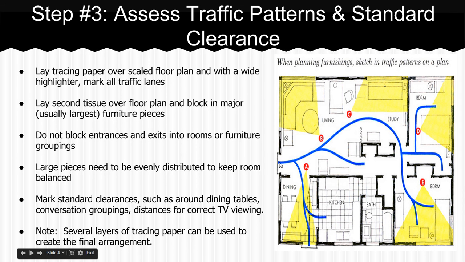All right. So you can see here in the picture that the blue lines are the most common traffic spaces. Okay, so here's your front door. They walk in, and we have a pattern that goes to the dining room. We have a pattern that goes to the kitchen. We have a pattern that goes to this common area hallway, probably because there's a bathroom right here.